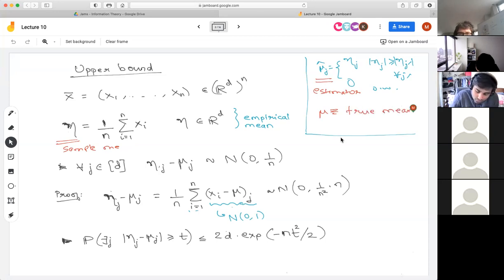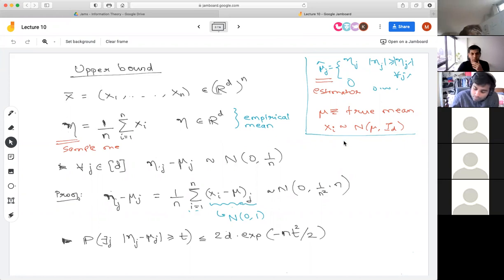So we are getting samples, each xi coming from the distribution with mean mu and covariance identity. So there is the true mean, there is the sample mean, and then there is the estimator, which is basically the sample mean, but with all but one coordinate deleted. Is that okay?